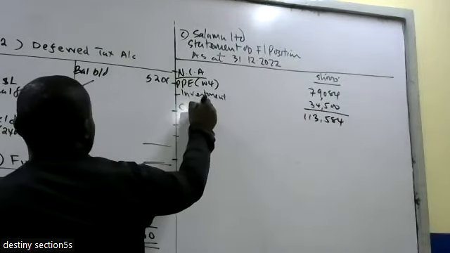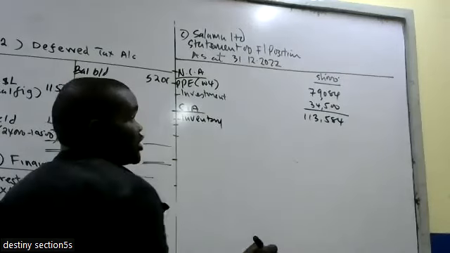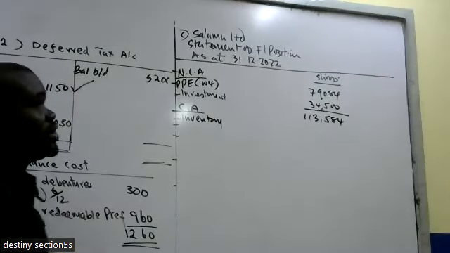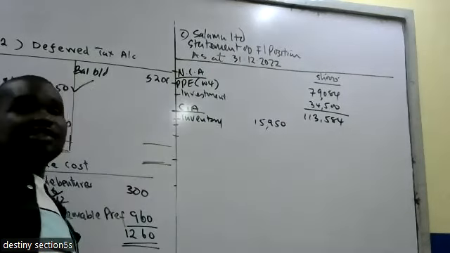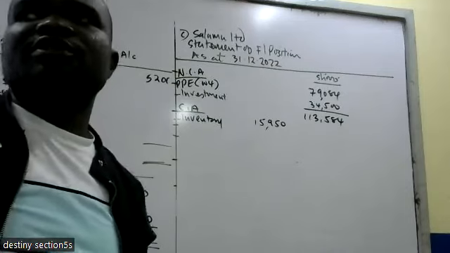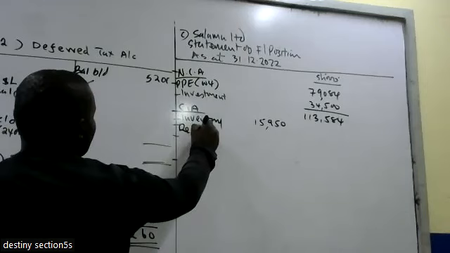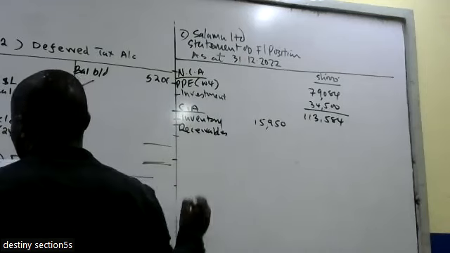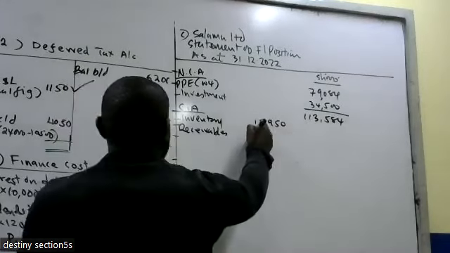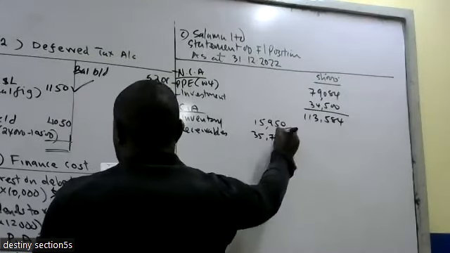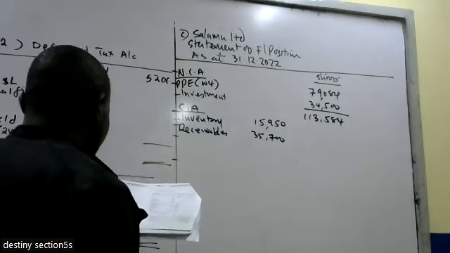Then current assets, inventory. Inventory, it was 16 minus the loss of 50, so it came to 15,950. I hope you can recall. We took 16,000 minus the expected loss of 50. So it came to 15,950. Receivables, there was no balance in this question. So you bring them the way they are, 35,700. Then there is no bank, there is nothing.